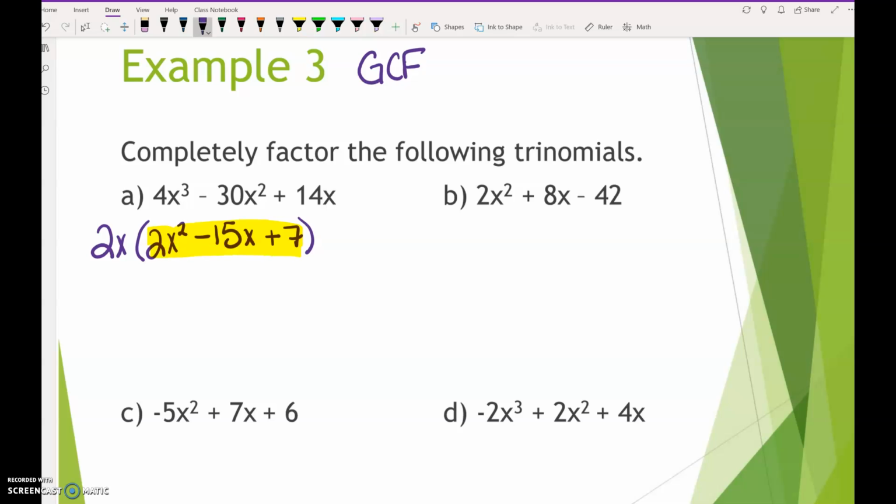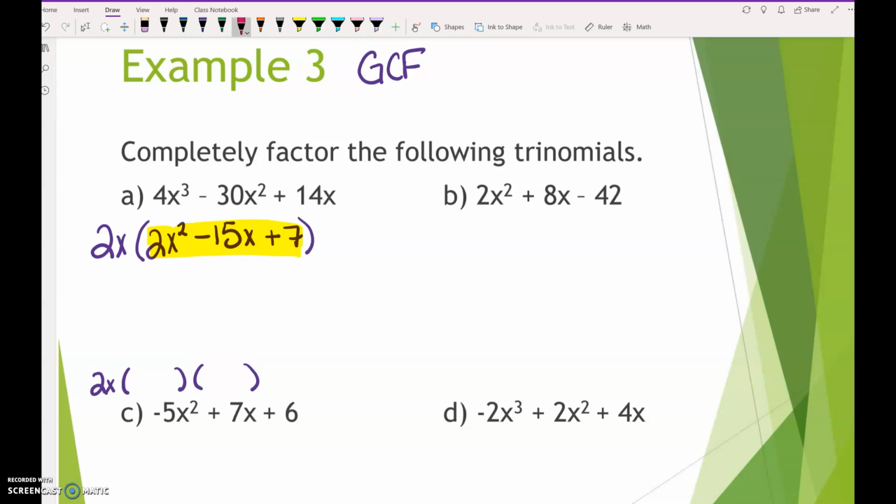It is very easy to forget about the 2x in front. So some people find it helpful, wherever we're going to write our answer, to put 2x parentheses, parentheses, because we know that that 2x has to be in front of our answer. Just get it written down in front of it now. Or circle it, highlight it, do something so that you don't forget about it.